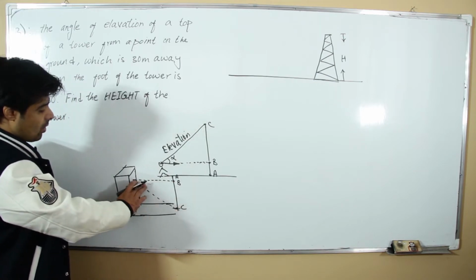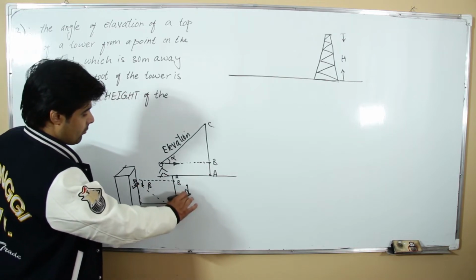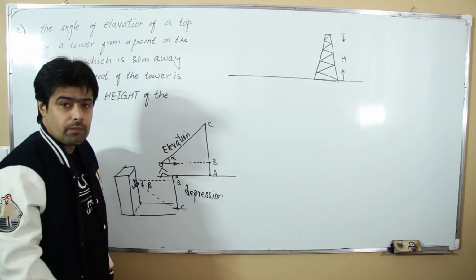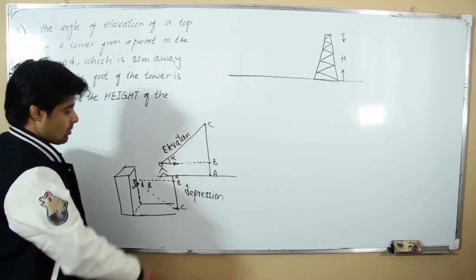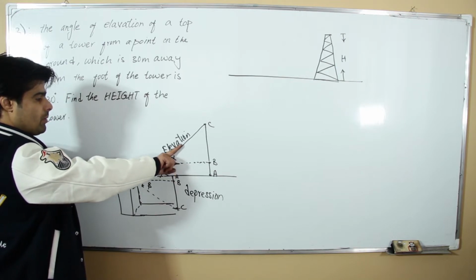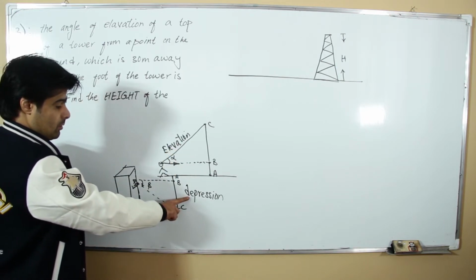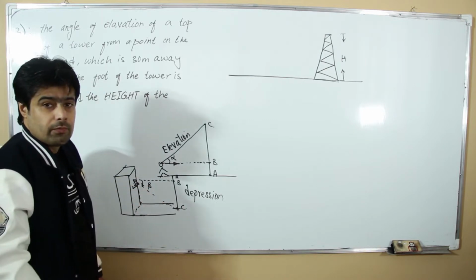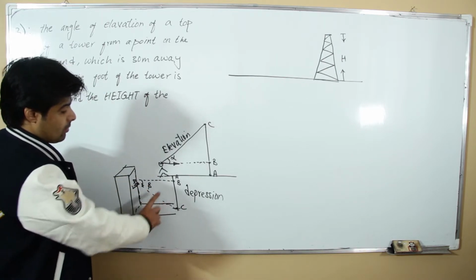This angle is called beta, which is angle of depression. I think you have got it. What is angle of elevation? From the horizontal line up to the top one. What is angle of depression? From the horizontal to the foot of something. That's called angle of depression.